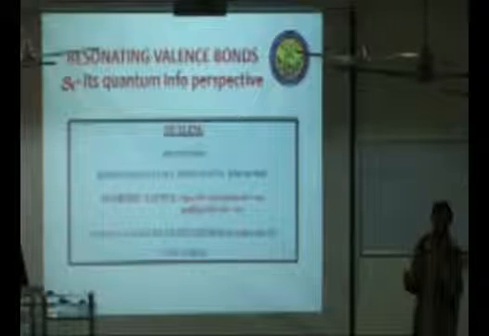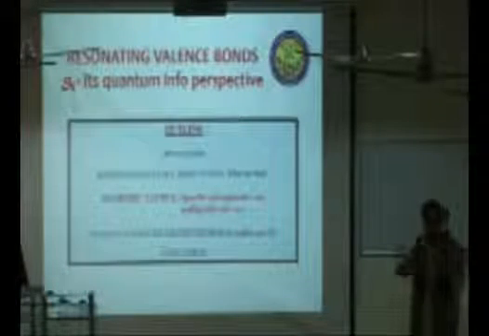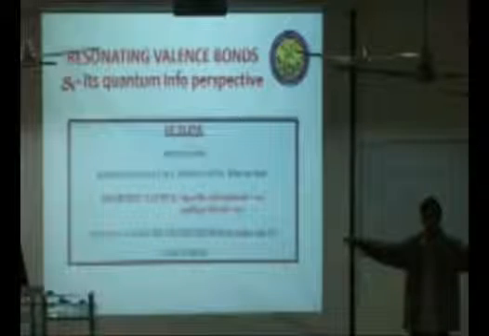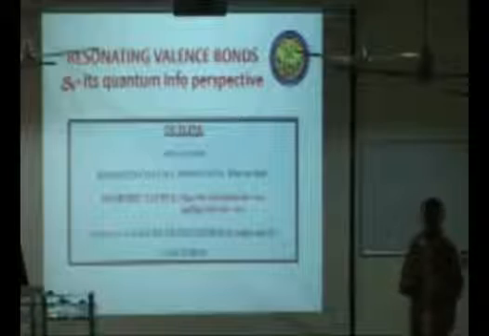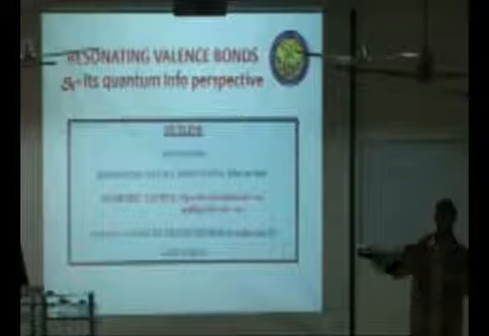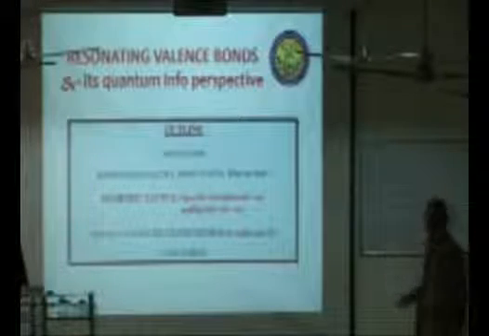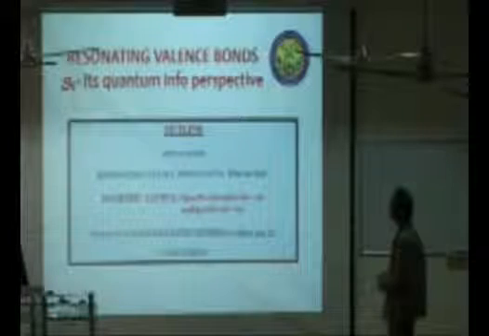It's a very small amount of entanglement. However, the entire state has a lot of multi-party entanglement. So somehow the regional entanglement is 0, but the global entanglement is very large. So this is what we will try to show.